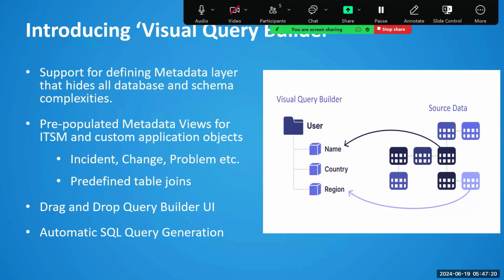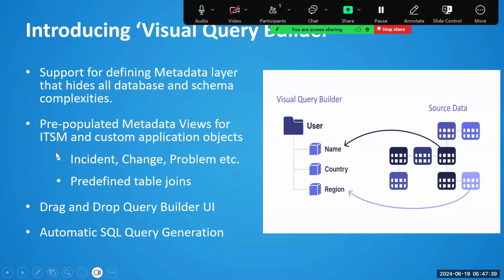So what Visual Query Builder will do is consume the metadata layer, which will be generated using Metadata Studio, and it will be able to generate queries on the fly.